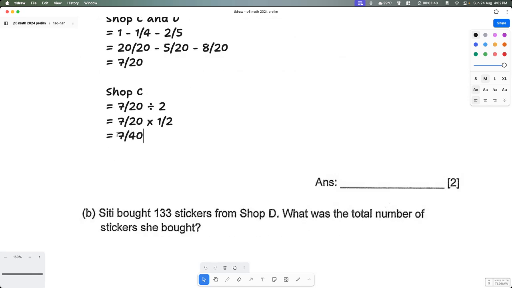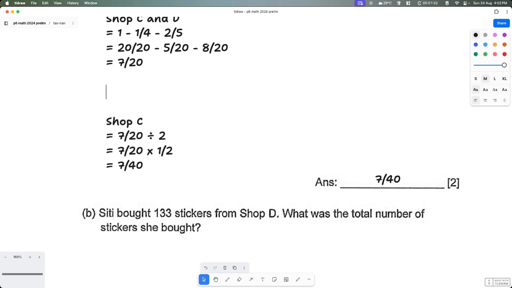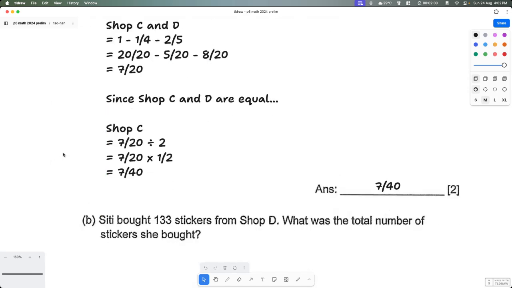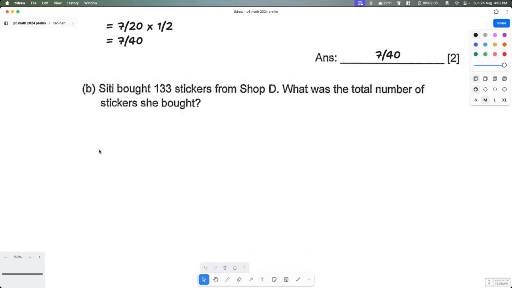So shop C will be 7 out of 40. I'm going to write here, since shop C and D are equal. Next question: CT bought 133 stickers from shop D. What was the total number of stickers she bought?